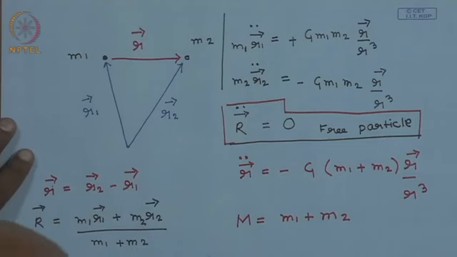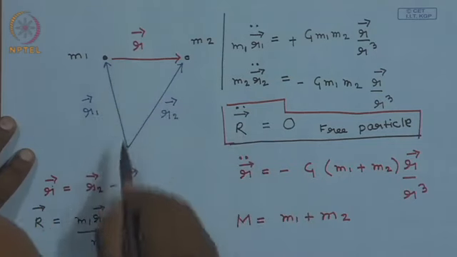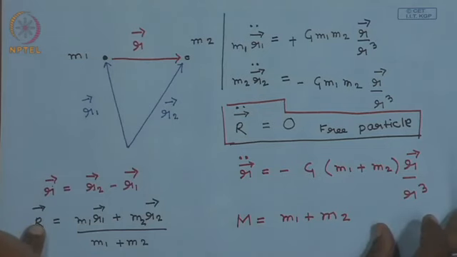And let me remind you again that we are going to work in the center of mass frame of reference, where we are at rest at the center of mass of these two systems. So, the center of mass is at the origin. So, this is 0.